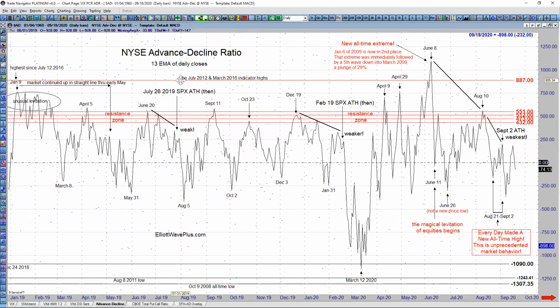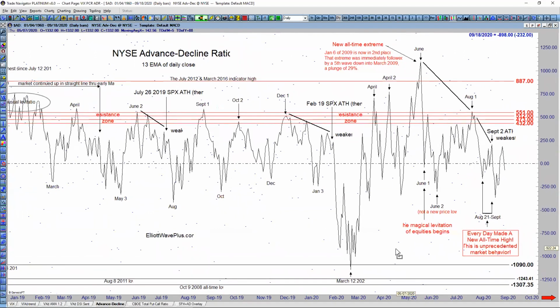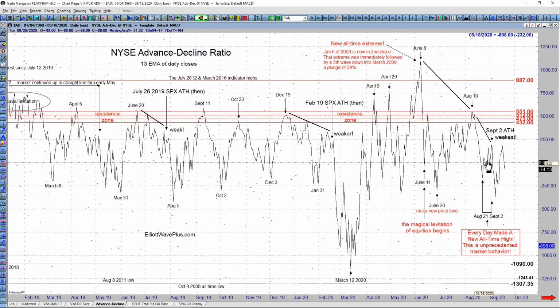The 13-period exponential moving average of the daily closes on the advance-decline ratio shows extremely odd behavior as of recent, and really more weakness. Just not very strong recently.